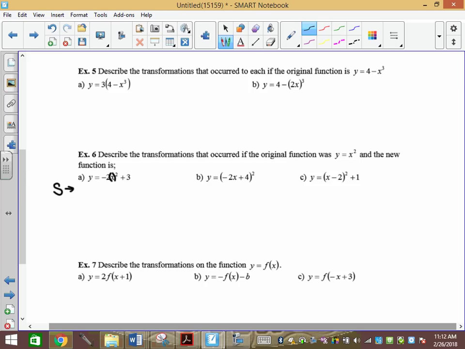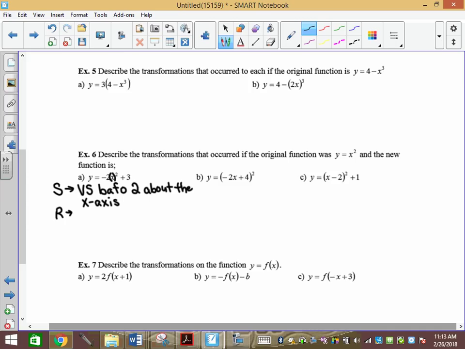Okay? So all of this is affecting the y. So my stretch, it's in front of the x, correct? It's not with it. So I have a vertical stretch by a factor of what? 2. Can it ever be negative? No. About the what? The x-axis. Do I have a horizontal stretch at all? No, there's nothing with the x. So now I move to my reflections. Is there any negative being multiplied in front?